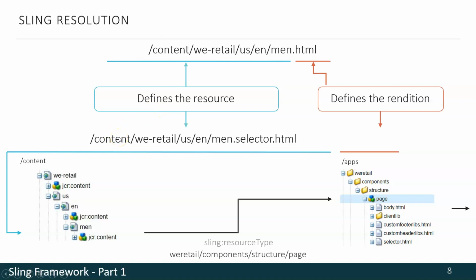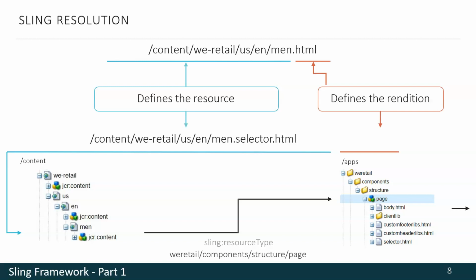The page content vRetail US EN main has a property Sling resource type with the value of this page. Sling will try to find a resource by the value of this property, and remember that first the search is done under the apps folder and then under the libs folder in case it's not found under apps.